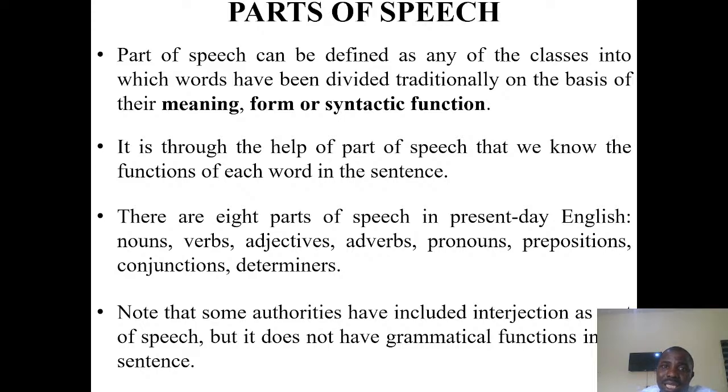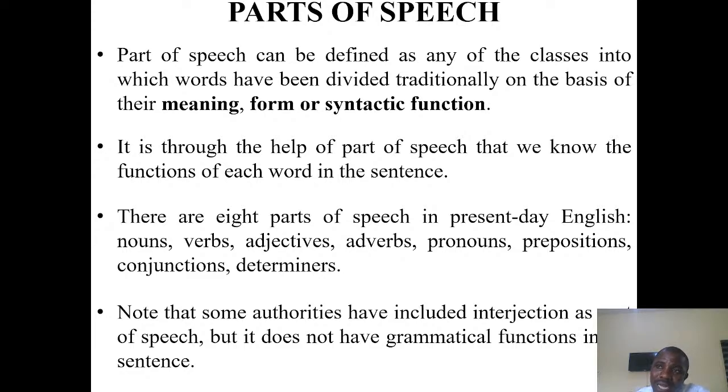So what we mean here is that all the words in English are divided into what we call parts of speech, such that we can group words and say this group belongs to nouns, this group belongs to verbs, this one belongs to adjectives, because they perform the same functions.